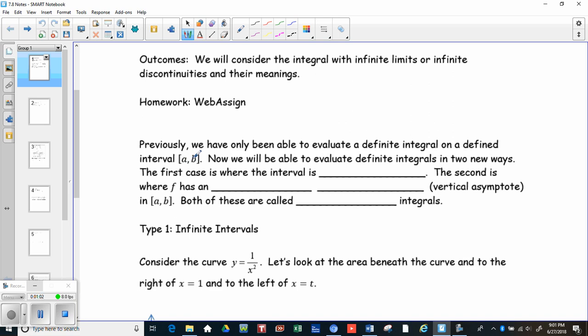Now we're actually going to be able to evaluate definite integrals in two new ways. The first case is where the interval is infinite.